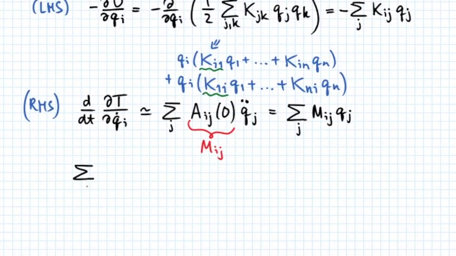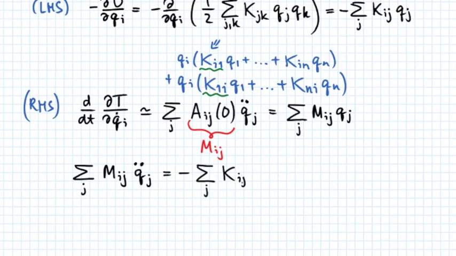We get that the sum of M ij times q sub j double dot is equal to minus the sum over j of k ij times q sub j for i from 1 to n.